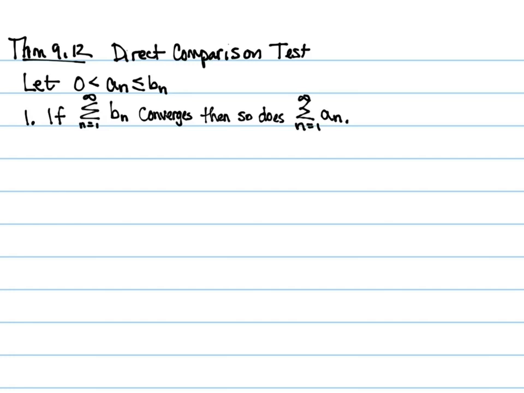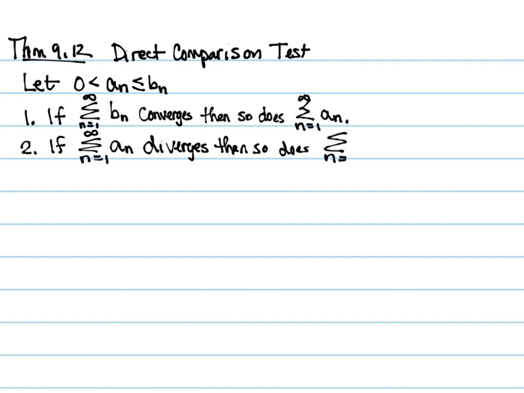All right, on the flip side, if instead we know that the summation from n equals 1 to infinity of a sub n diverges, then so does the summation from n equals 1 to infinity of b sub n. Again, that should make sense. If it's bigger than something that's diverging, of course it's diverging itself.